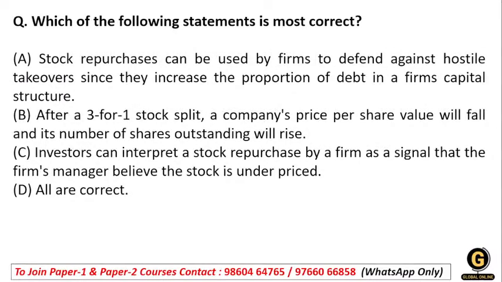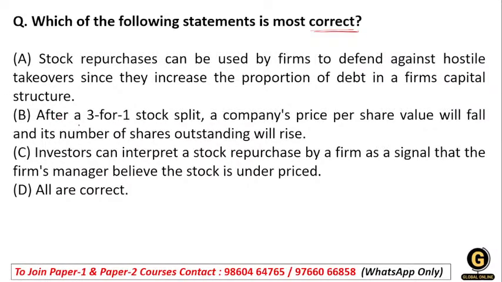The next question: which of the following statements is the most correct one? You have to choose which statement from the following is the correct one. Option number 1: stock repurchase can be used by a firm to defend against a hostile takeover, since they increase the proportion of debt in a firm's capital structure.